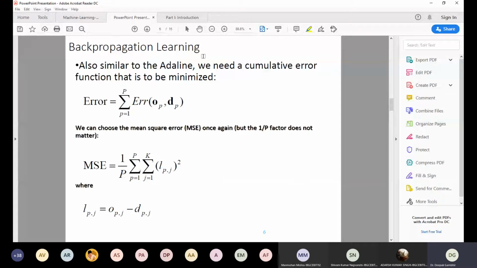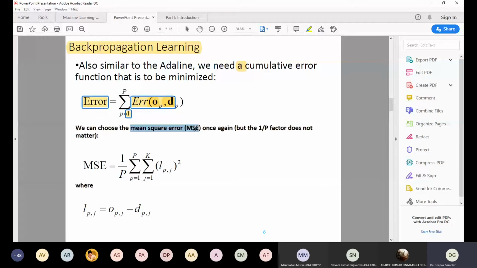So in the case of backpropagation learning, the target is to minimize the cumulative error in a way that we will find the error between each output and the desired vector, and that error is added up for all the values to result in the complete error, and our target is to minimize this. So we will use the mean square error function.